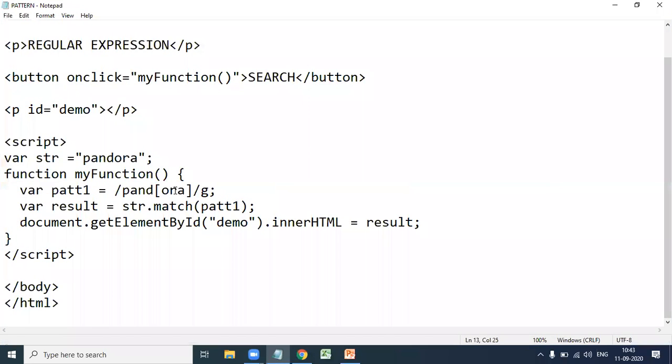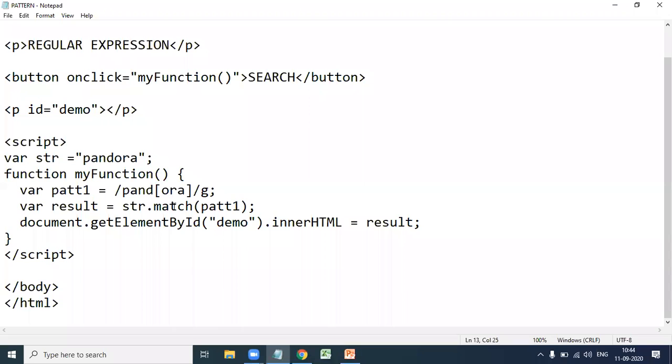So here pond of square brackets ORA means we take only one character out of these three characters. Okay, we take only one character out of this group. That means pond of square brackets of ORA does not match with Pandora. Why? Because there is only one character out of these three characters after D. Let us see the output here.